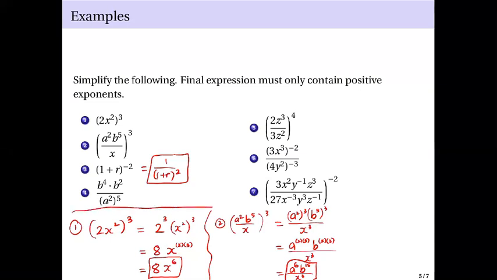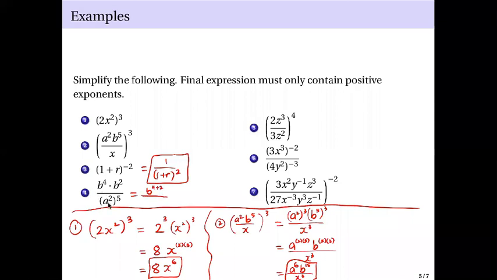And then for number 4, you have the same base, b to the 4 times b squared. The same base, so you'll just have to add the exponents. In the numerator, you'll have b raised to 4 plus 2.